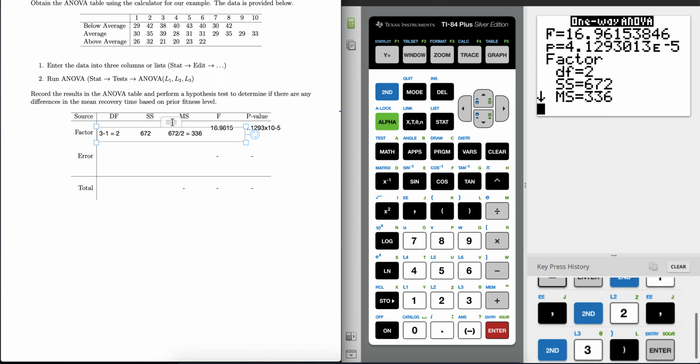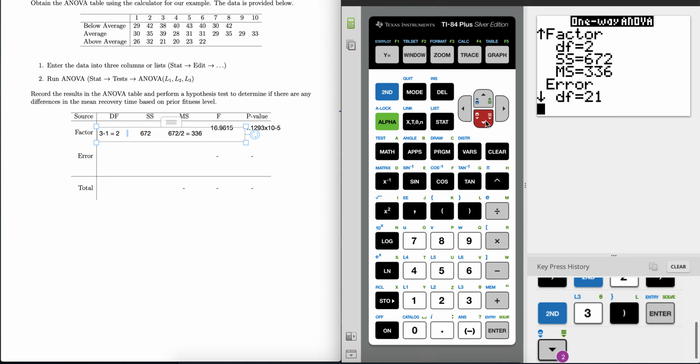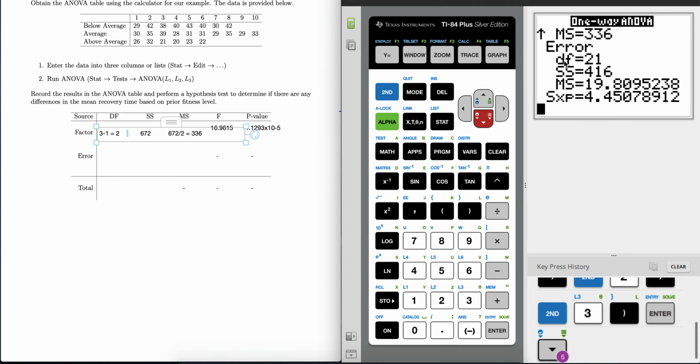So that's our information for the factor in this case. Now if we scroll down over here, we can get information for our error term. You'll notice the heading changes to represent error. Gives us our same pieces of information, degrees of freedom, sum of squares, and mean squares.